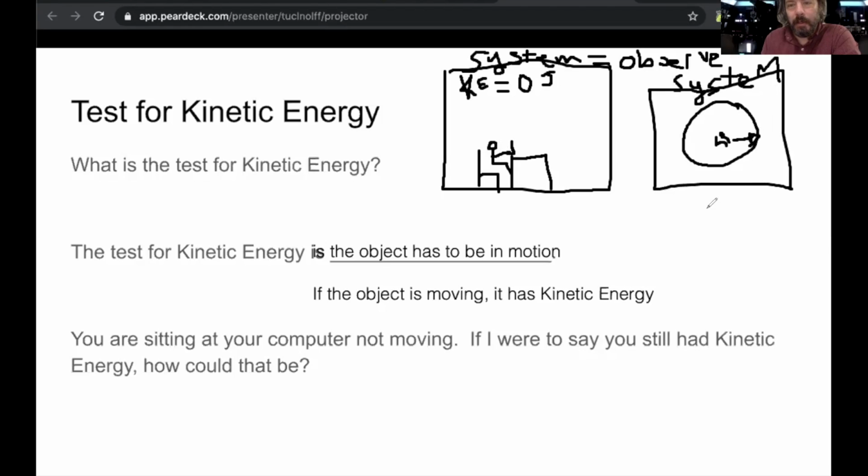Let's change our system again. Now we've got the sun and we've got the earth. Do you have a different amount of kinetic energy now? Absolutely, you do.